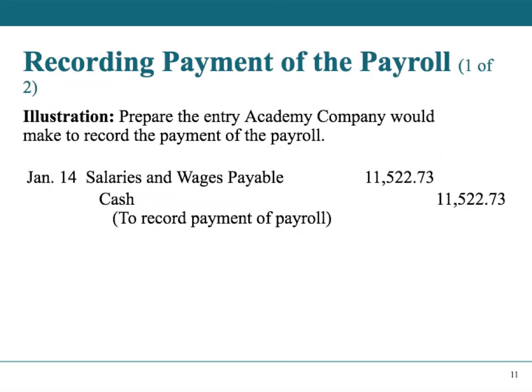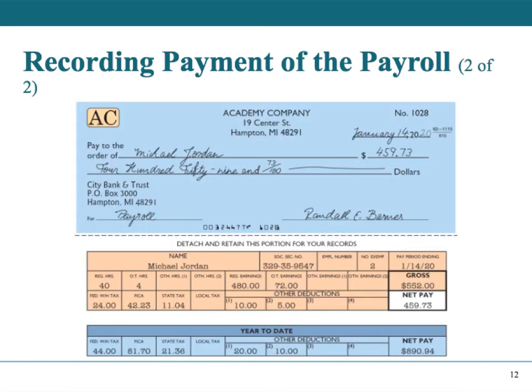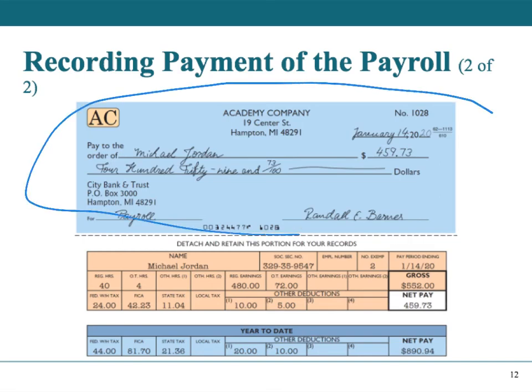Okay, and here's the payday. We will debit salaries and wages payable and then credit cash when we either distribute the checks or deposit it automatically. Okay, and here is the amount of the check for Michael Jordan.